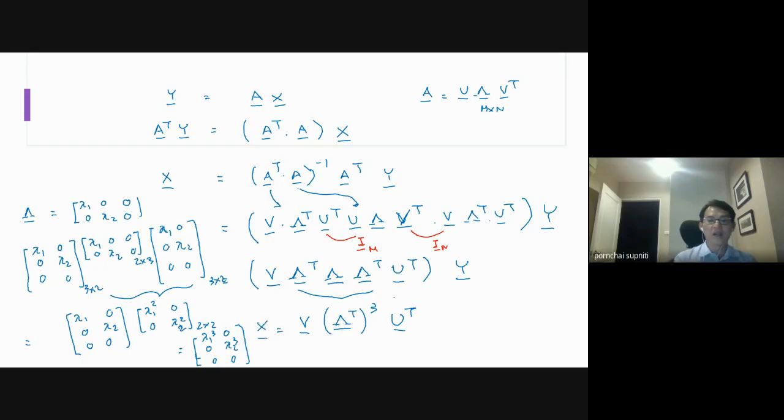So this is what we have, and instead of the power of m, because this is in general an m by n, let me write it as m instead.